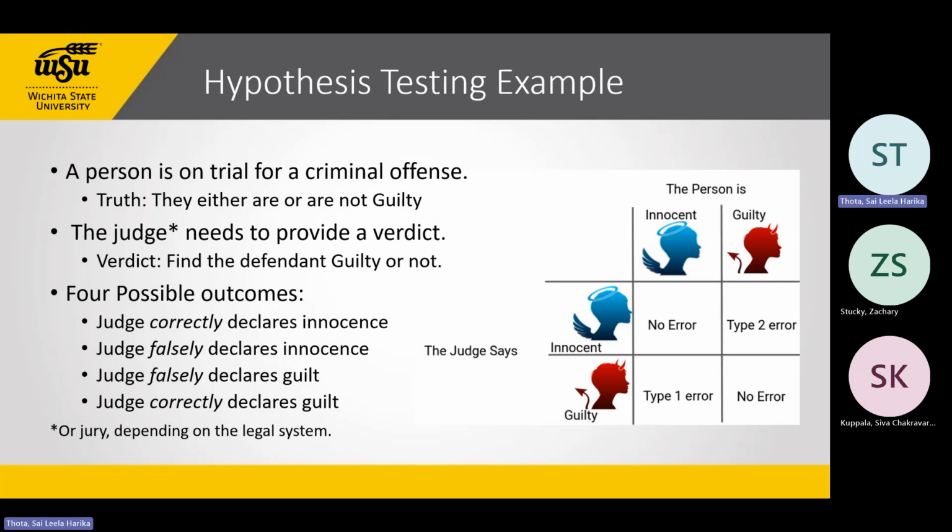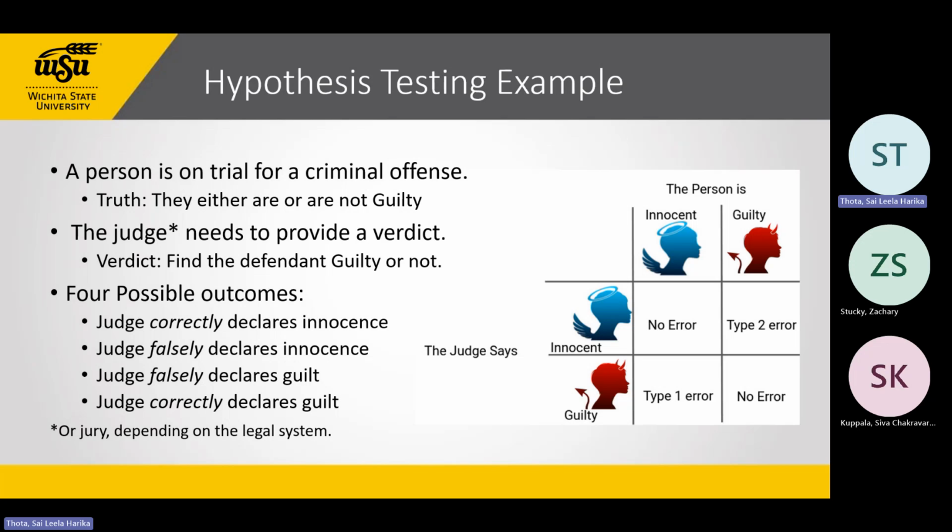type 1 error. Type 2: if the judge says he's innocent, but the actual thing is he did the crime, it comes under the type 2 error because there is a difference between the predicted value and the actual value.